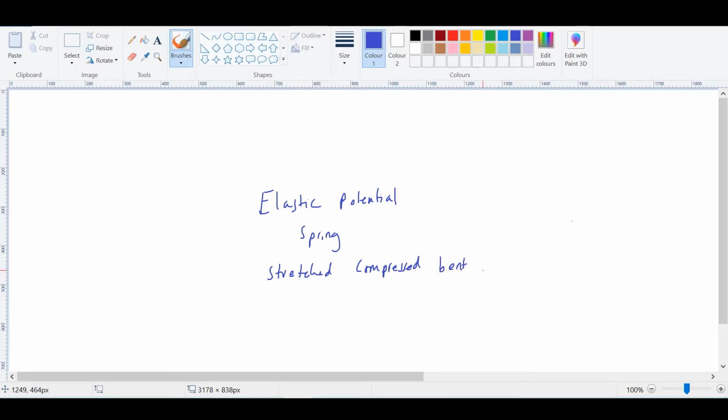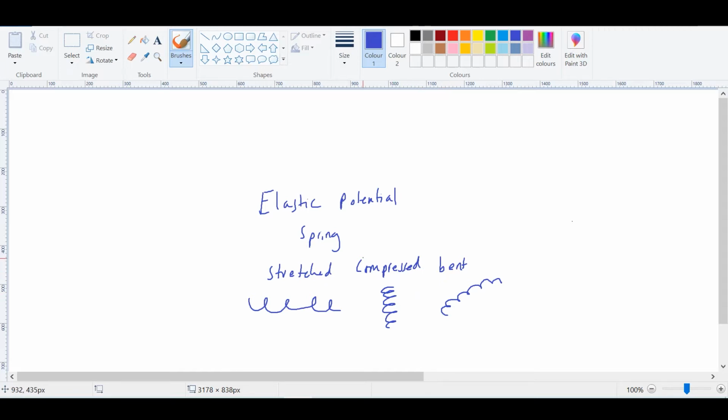For example, this is a stretched spring, this is a compressed spring, and this is a bent spring. These are the three ways energy can be essentially stored in a spring.